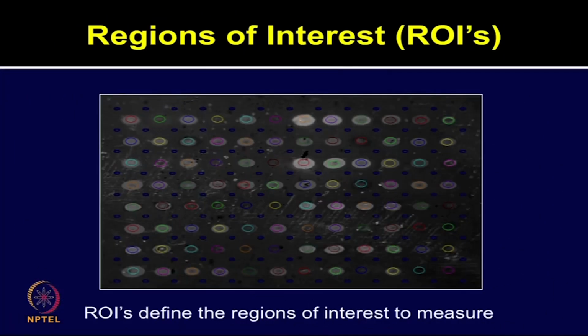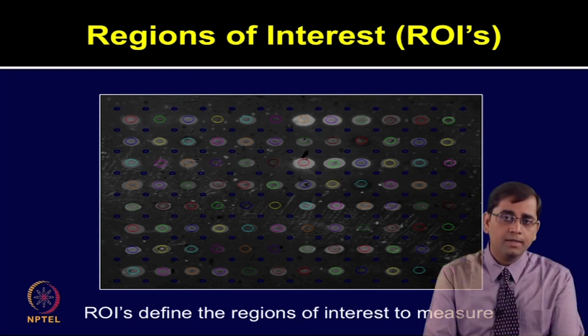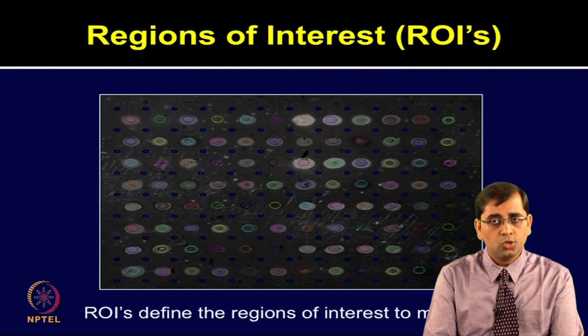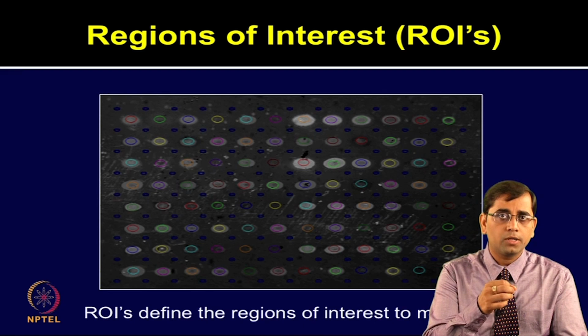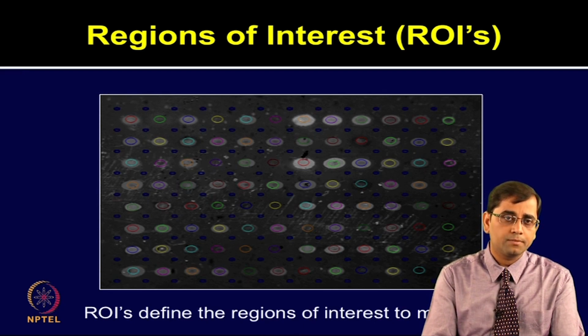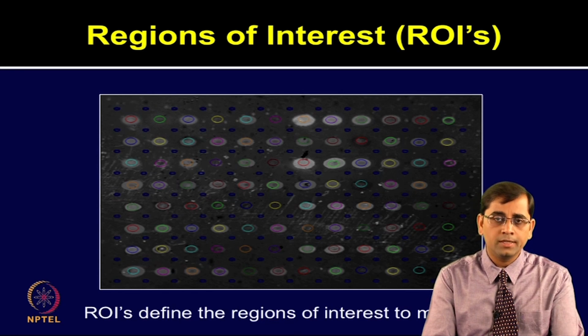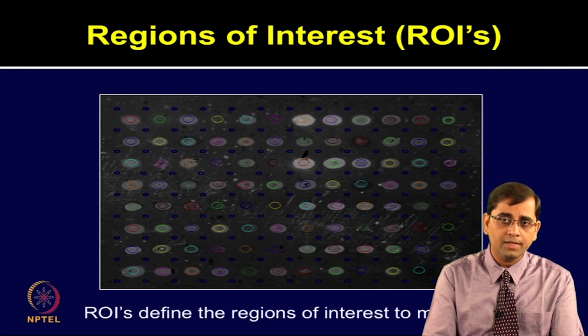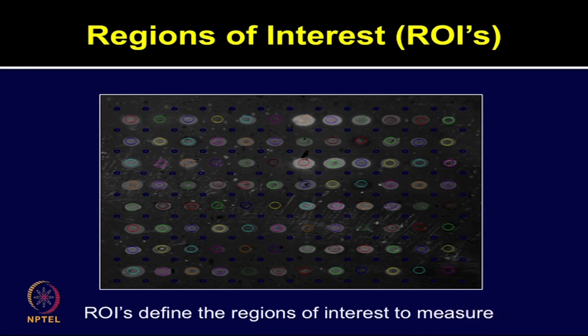Now, this image shows an SPR image generated by the CCD camera, and the software adds some spots on the background surface. This is an image taken from a proteomic processor instrument, an SPR imaging device. Each of the ROIs or regions of interest can be defined as a region for measurement.